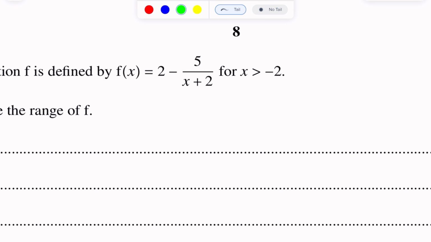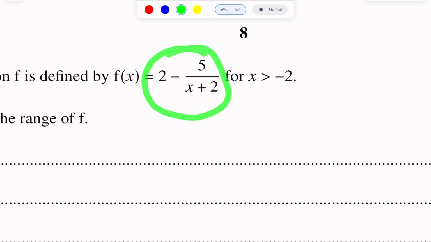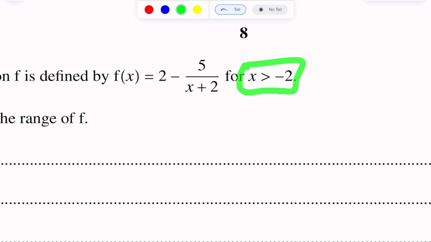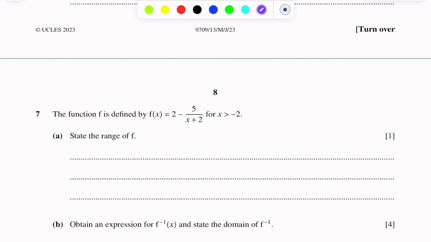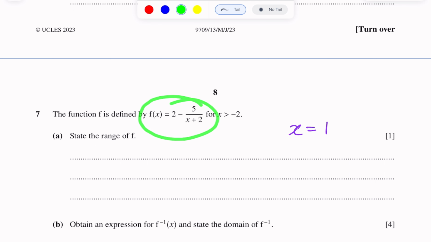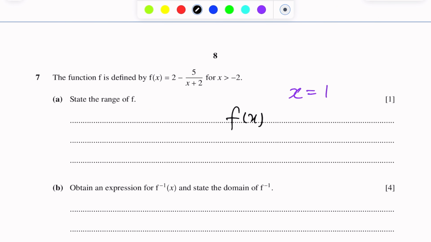So if we put any value in this function that is greater than -2, for example x = 1, when we put this value of x in this function, we get f(x) = 2 - 5/(1 + 2) = 2 - 5/3.